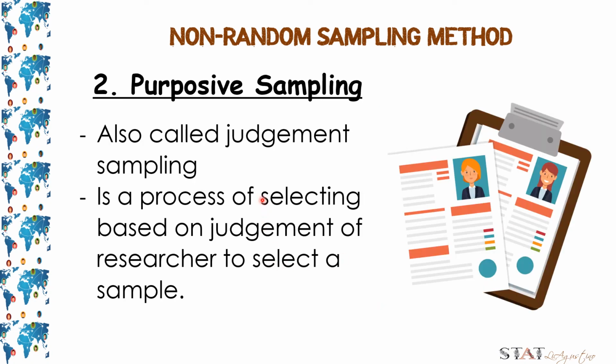We also have the purposive sampling, also called judgment sampling, and it is a process of selecting based on the judgment of the researcher to select a sample.